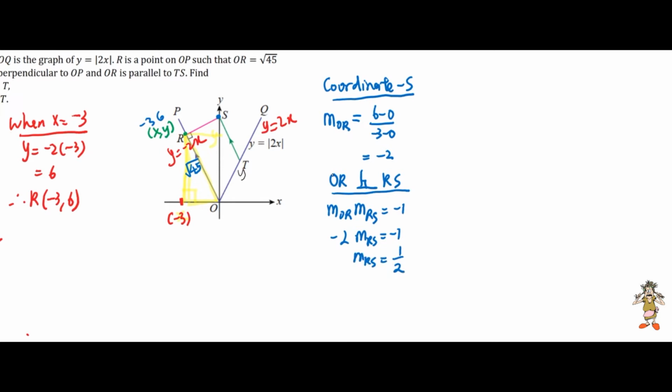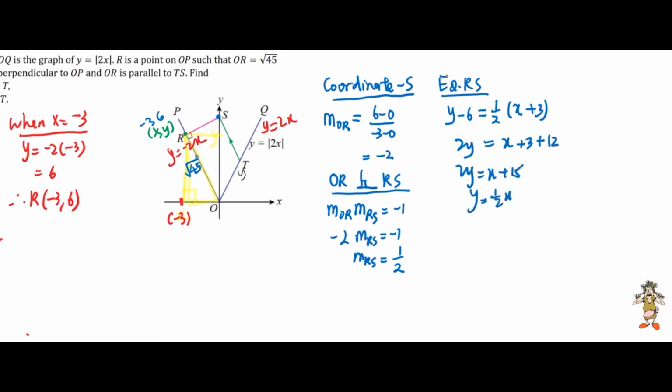So let's find the equation of RS. We have the gradient already and we have a coordinate, so we can find the equation of RS. y minus y1 equals gradient times x minus x1, so y minus 6 equals 1 over 2 times x minus negative 3. Therefore 2y equals x plus 3 plus 12, so 2y equals x plus 15, and y equals 1 over 2 x plus 15 over 2.